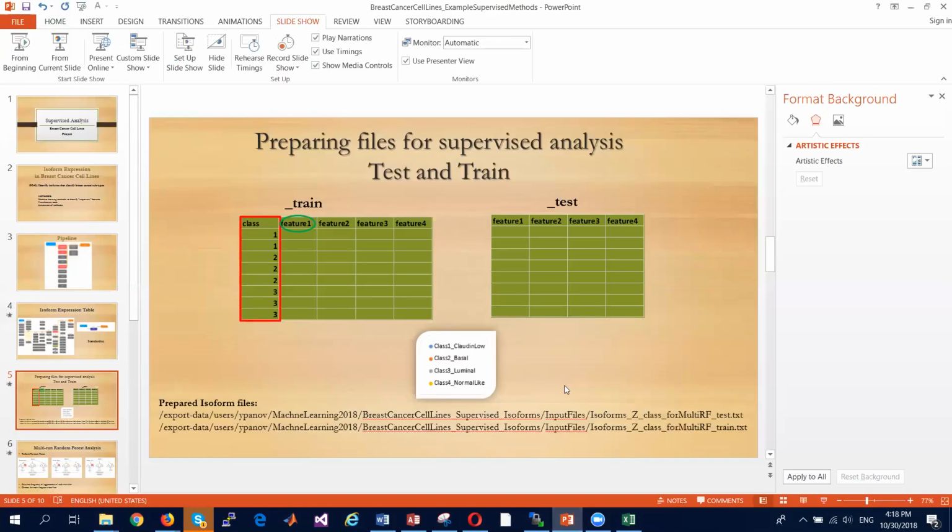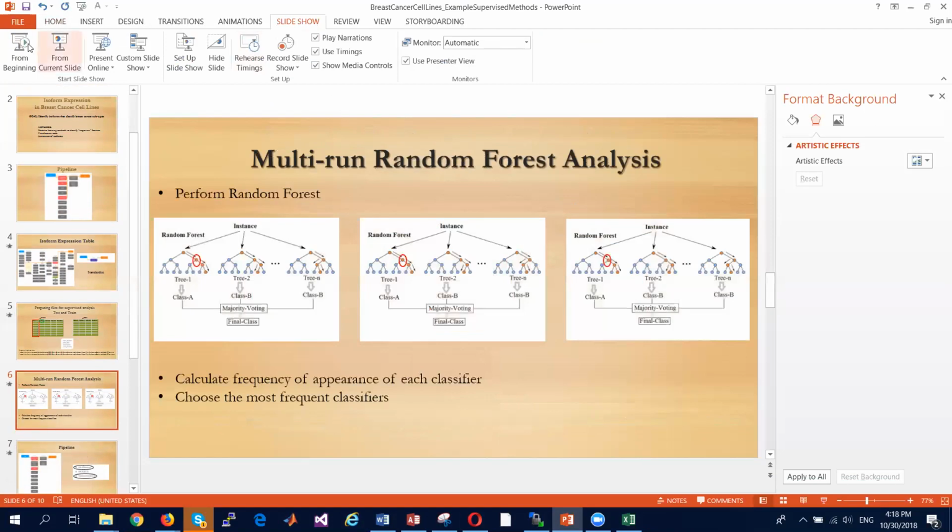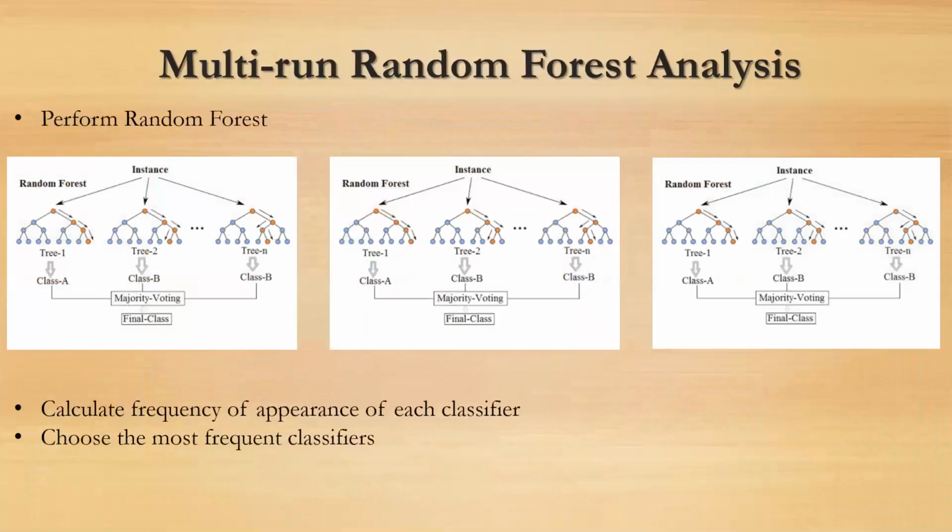Now, what are we trying to do? We are trying to run random forest multiple times. Random forest is a classification algorithm, and it's built on many decision trees where you choose each feature multiple times. And you vote how many times this feature has been chosen as a classifier.